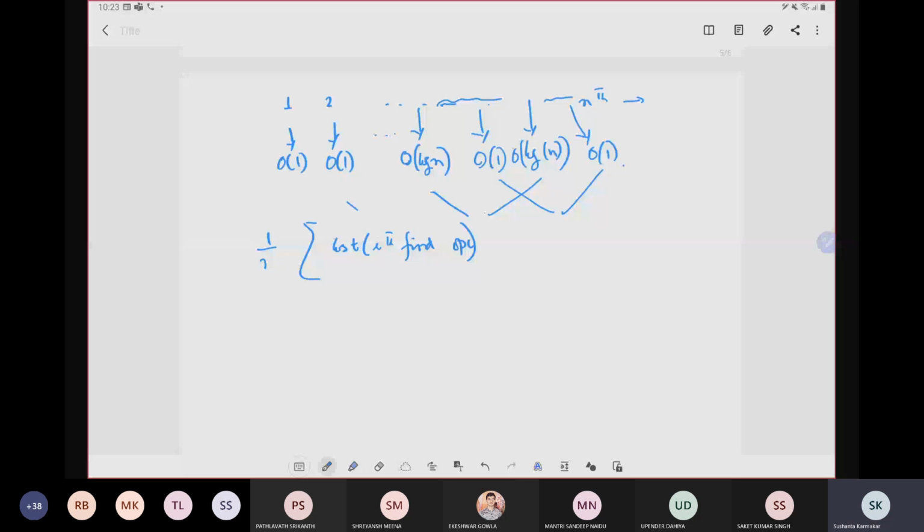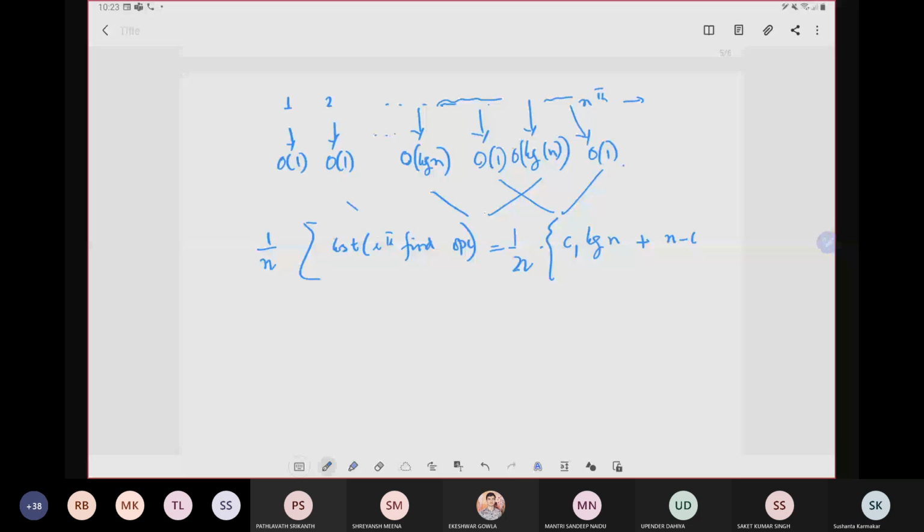Let us say a constant number of such finds are actually log n. So I can write it like this: 1 by n into some constant c1 into log n, plus n minus that constant, into constant time, order one.